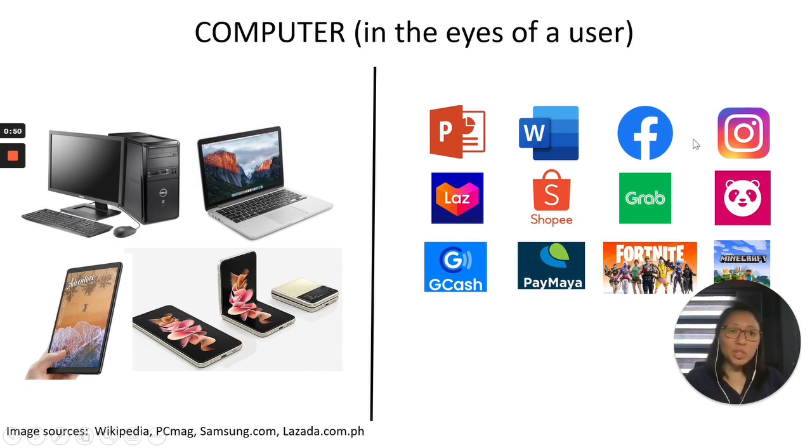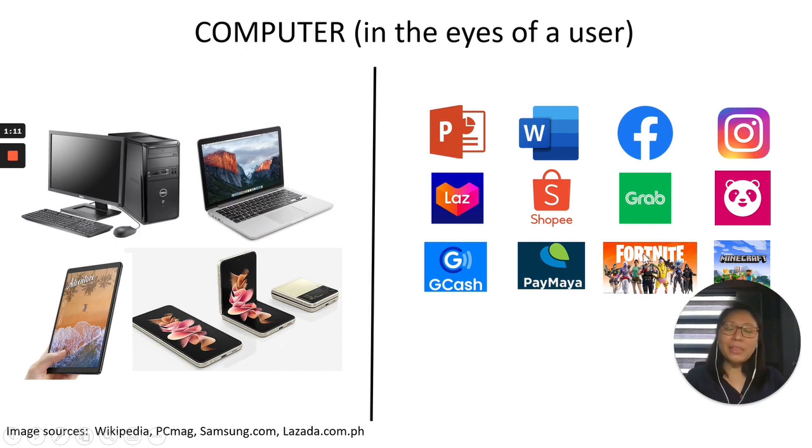We access our social media accounts like Facebook, and then we do our shopping online. We order our food online. We also book our deliveries, and we do online banking as well. And of course, we play our games.